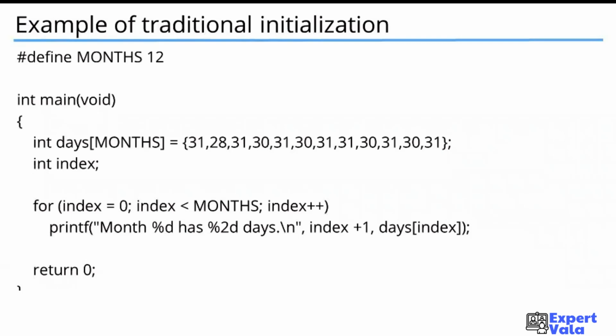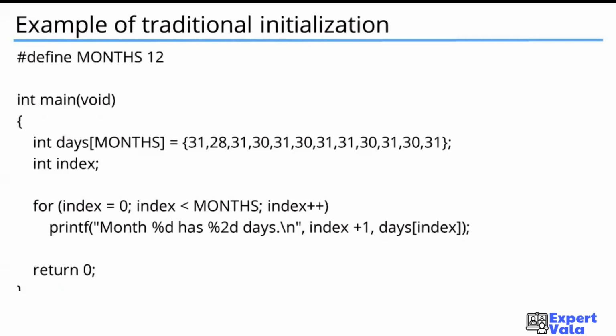And so when we go through this array and print it out, which is very common, you typically use loops to print out the elements in an array, or at least iterate over them. What we are doing here is printing out each month and how many days it has. So let's go through this in a code block to show you the output.